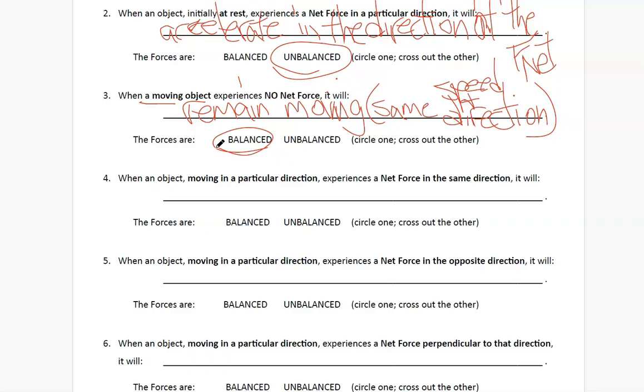Well, the object will just accelerate in the same direction. It'll go faster and faster in the direction that it was already going. Accelerate in the direction of the net force. And if you have a net force, it means the forces are unbalanced. If the net force is 0, the forces are balanced. It's as simple as that.